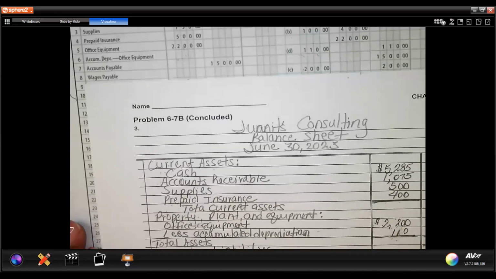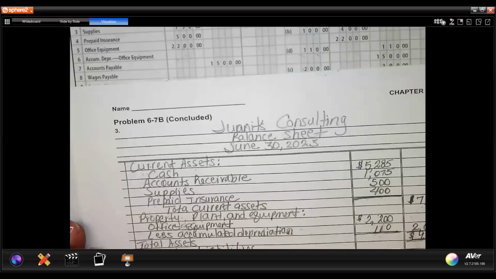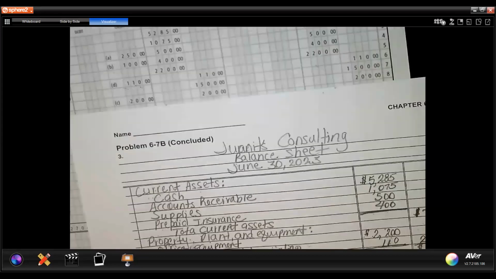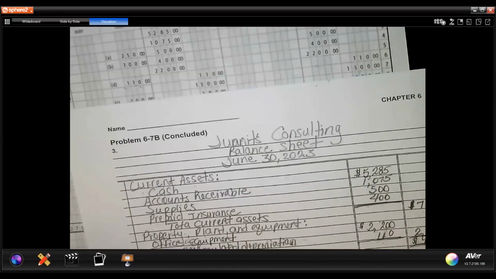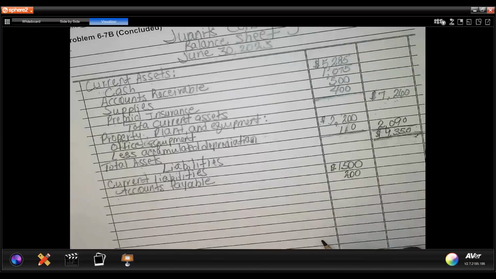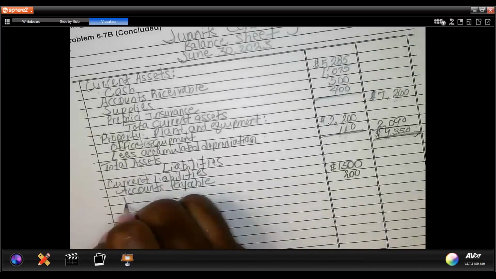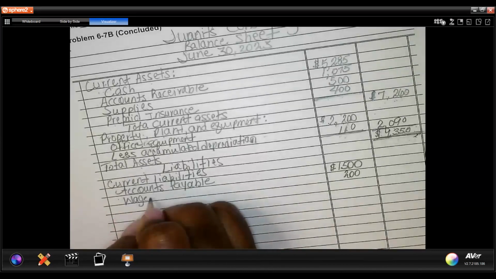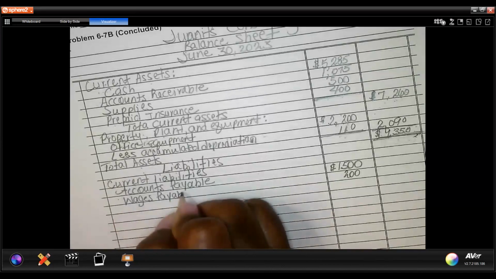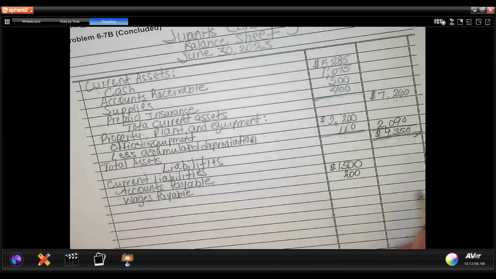And that amount also is showing on the balance sheet. So we're going to record that amount here as $200. Let me just write in our wages payable account title here. Okay. So we have our accounts payable was $1,500. We have our wages payable, and that is all of our current liabilities.